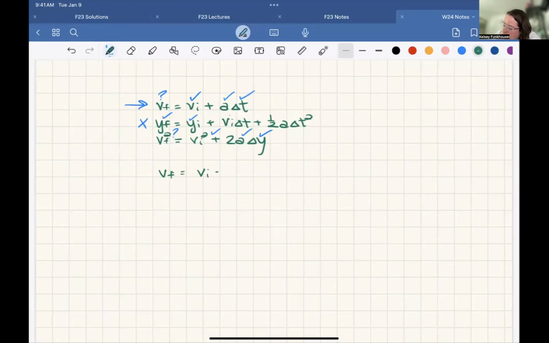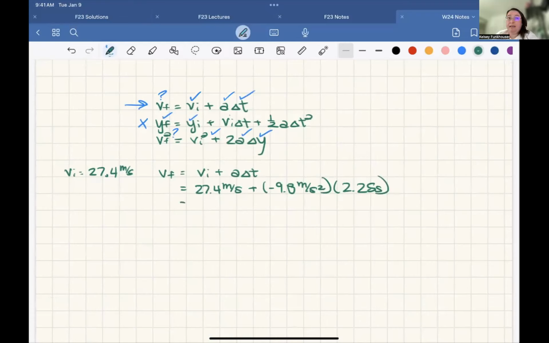V final equals v initial plus a delta t, and v initial we just found is 27.4. So 27.4 meters per second plus negative 9.8 meters per second squared times 2.25 seconds. And this is 5.33 meters per second.